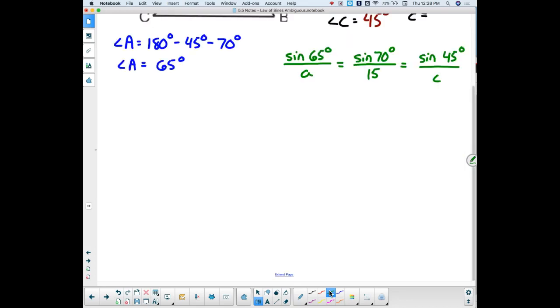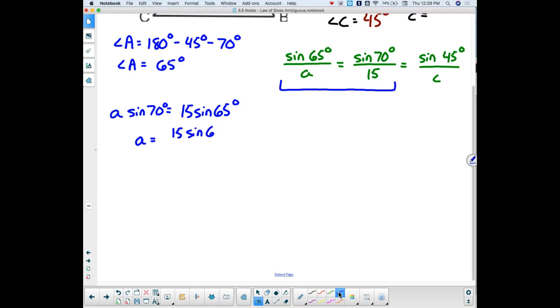So I take that green equation and I break it up first into those two, and I would cross multiply. So I would get A times the sine of 70 degrees equals 15 times the sine of 65 degrees, which then would give me A is 15 times the sine of 65 degrees divided by the sine of 70 degrees.